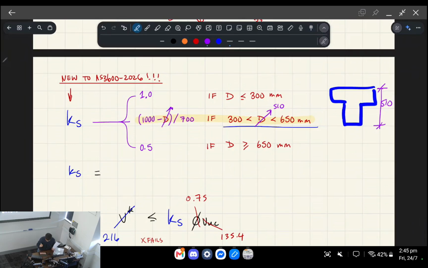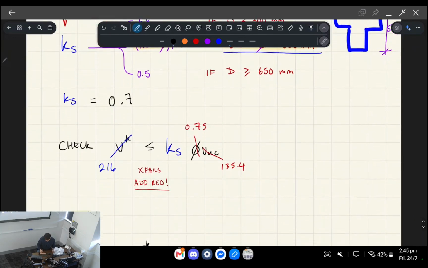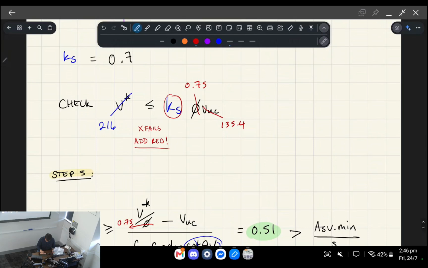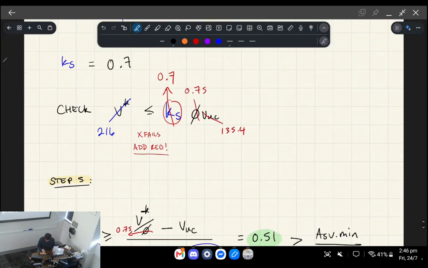We're going to substitute in D equals 510, and therefore KS is going to result in 0.7. So this is saying that it's a reduction factor of 0.7 when we're checking for the concrete's contribution to the strength by itself against the design shear.